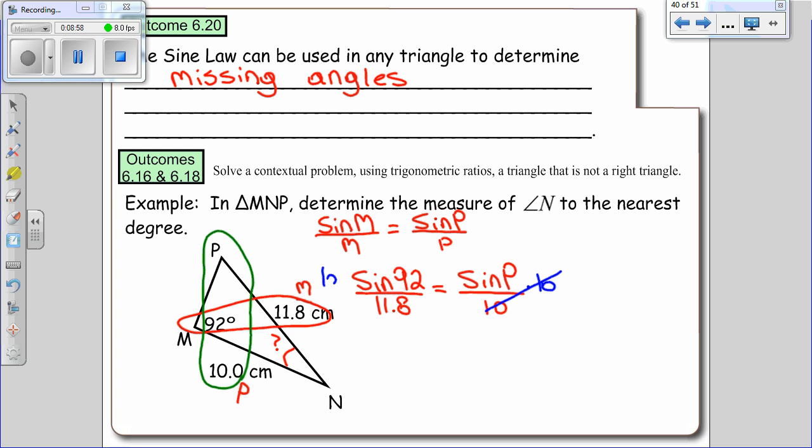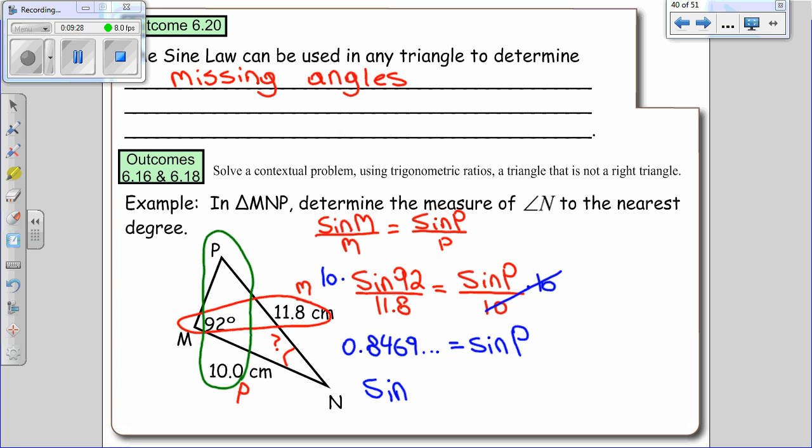You punch that thing in your calculator, you go 10 times the sine of 92 divided by 11.8, and you get 0.8469, blah, blah, blah, equals sine of P. Remember, if you want to figure out what P is, you need to then go second sine, and this little guy here with the -1 will show up.